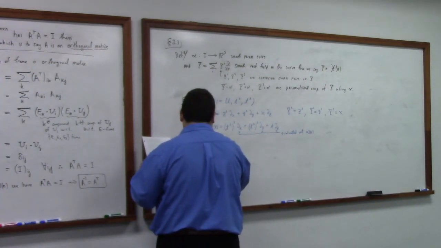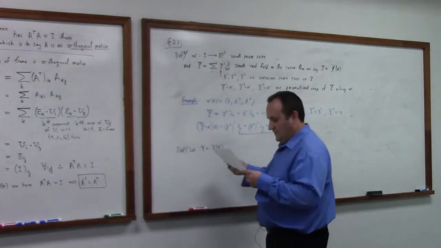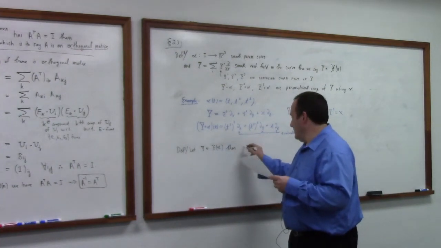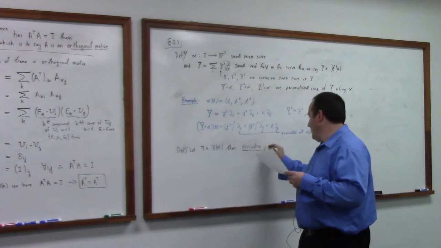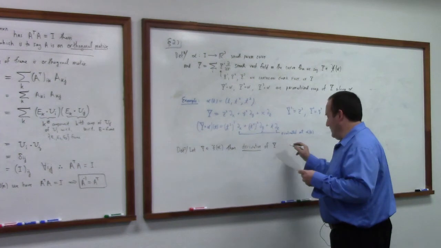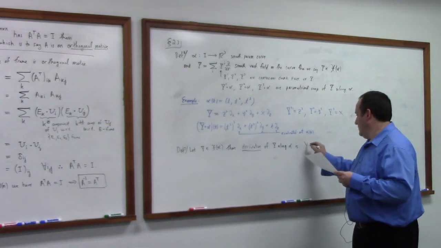Let y be an element of x of alpha again, like it just was, all right? Then the derivative of y along alpha is y prime of t.